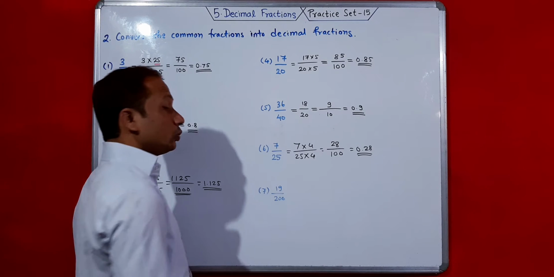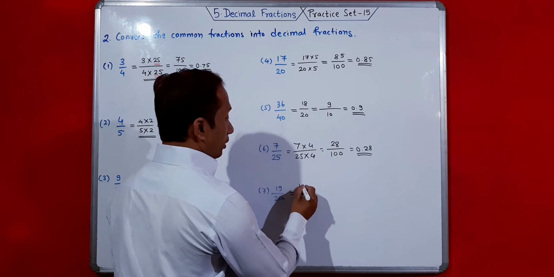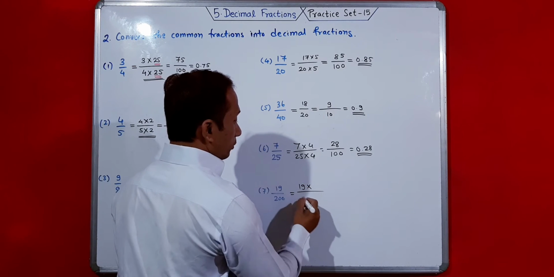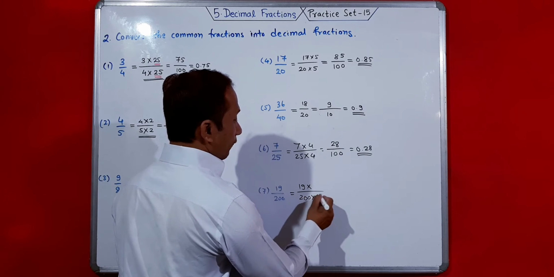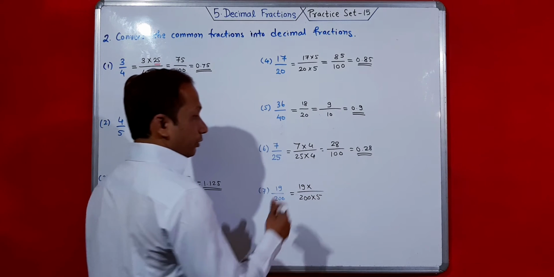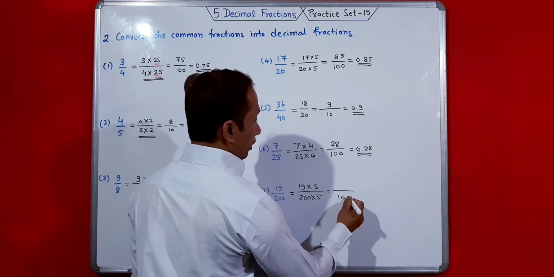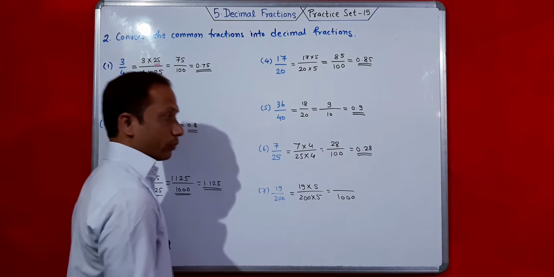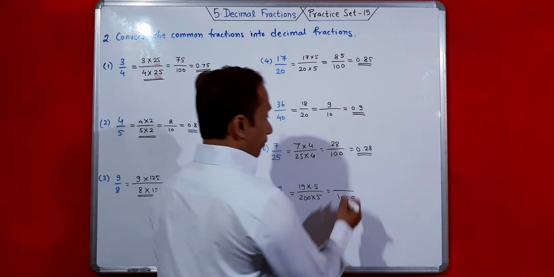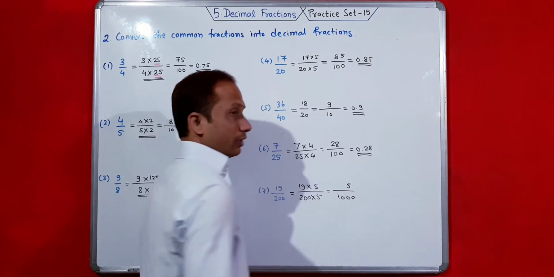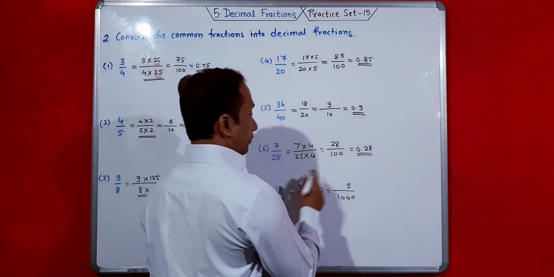19 upon 200, 19 into something and 200 into something, obviously I will take 5. 5 twos are 10, so 10 and 2 zeros, 1000. So 9 fives are 45, 5 and 4 remaining, 1 five is 5 and 4, 9.